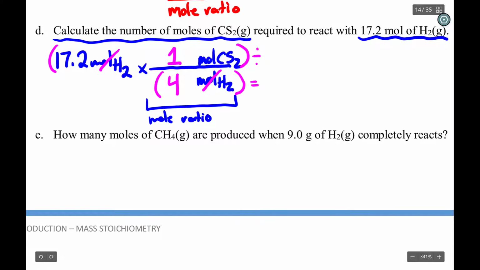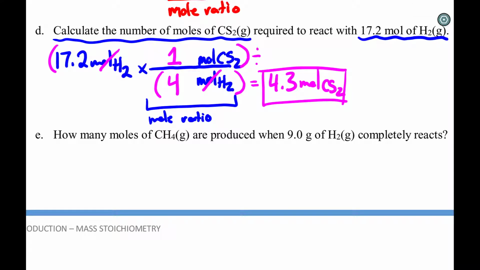I hit equals. And I get an answer of 4.3 moles of CS2. Now this seems to make sense. I need 1/4 the amount of CS2 compared to H2. 4.3 moles of CS2 just mentally looks about roughly 1/4 of 17.2.